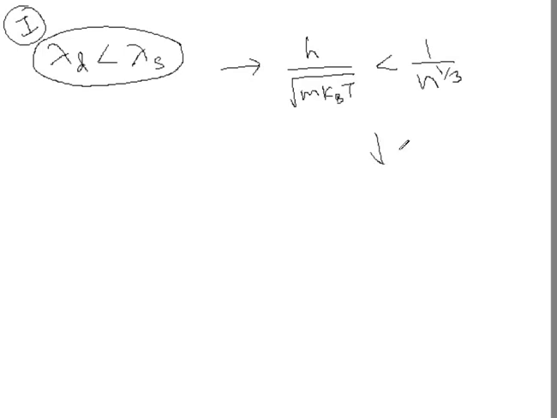When is this possible? As you can see from the expression, this is possible for large temperature and also for small number density. And this is basically the regime of Maxwell-Boltzmann statistics.